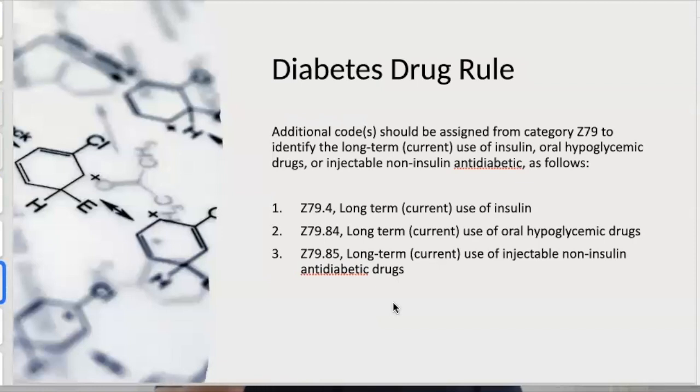What else? I cannot remember off the top of my head, but the key takeaway here is if the patient is also taking these diabetic drugs, you have to assign the code for those drugs as well.